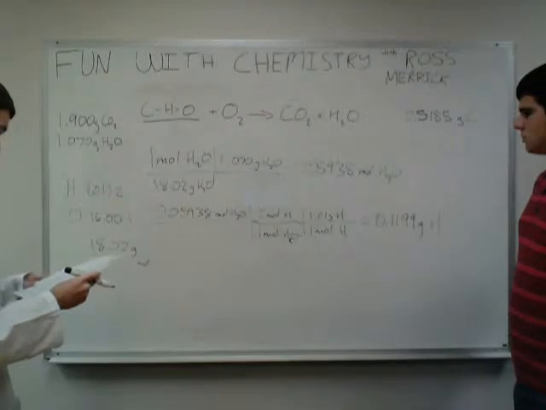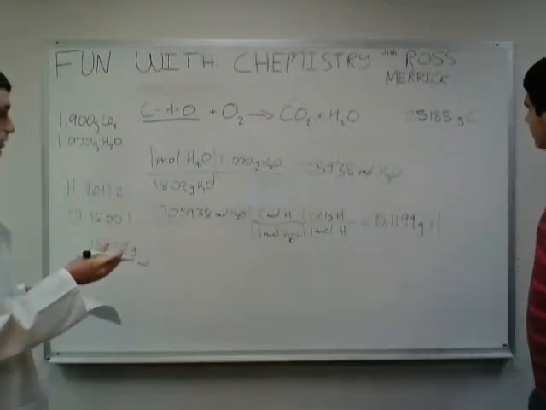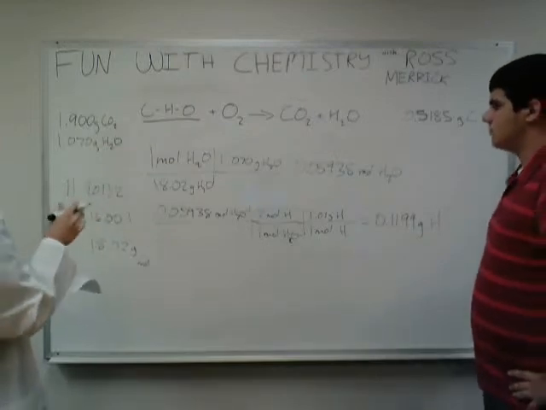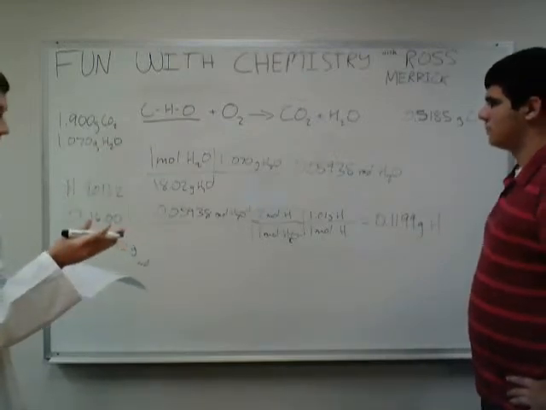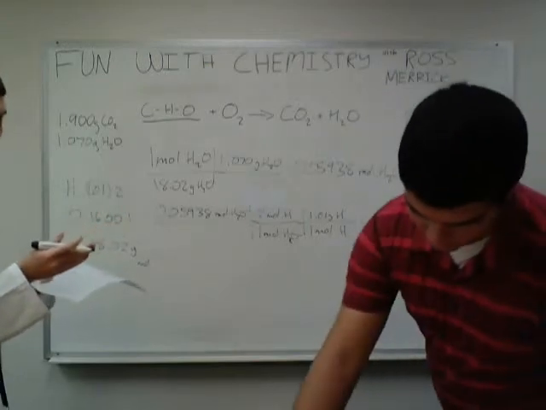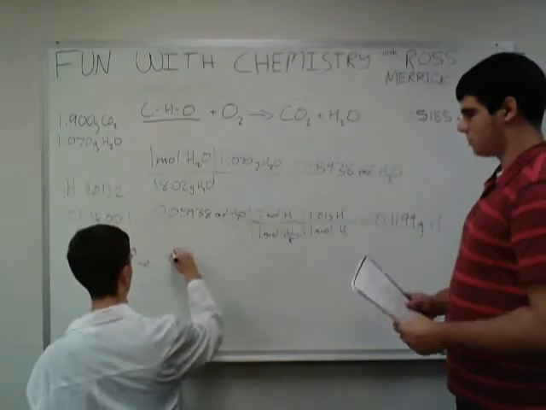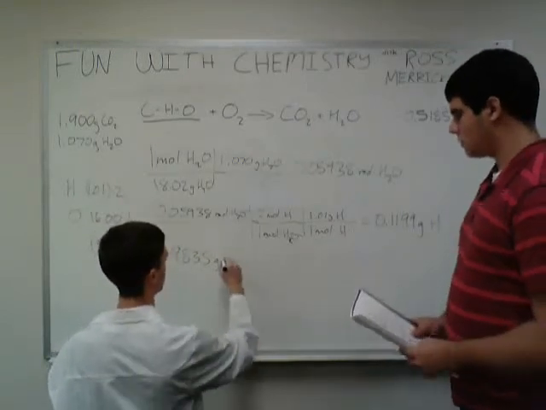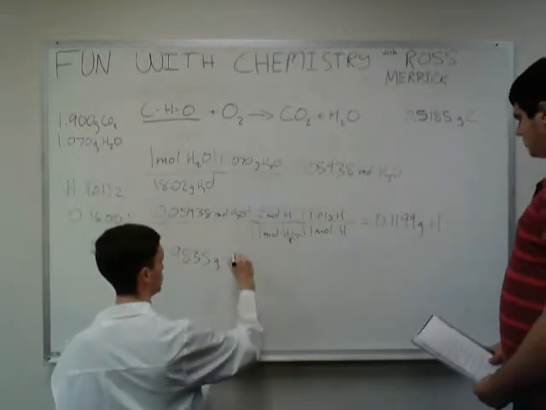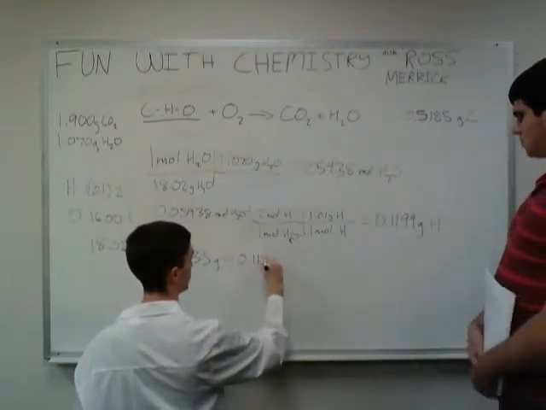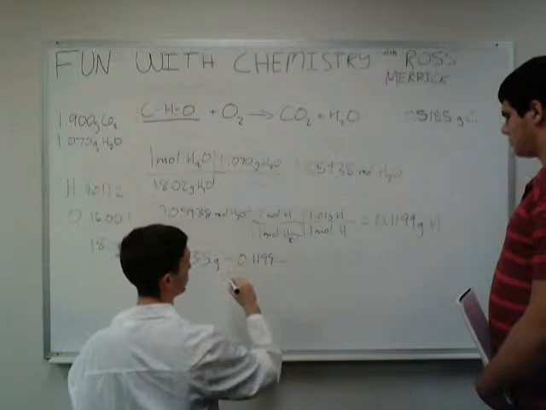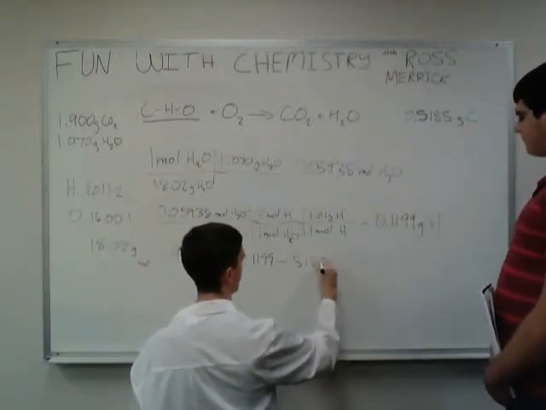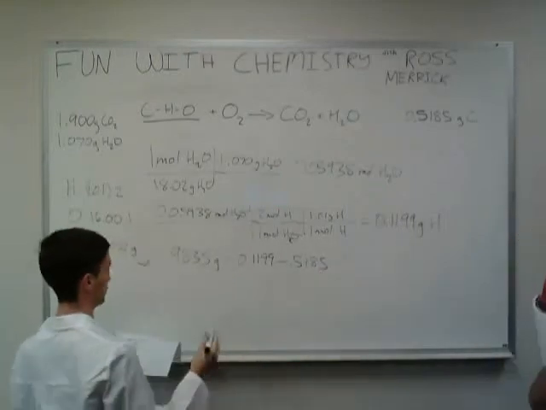All right, what's next? Now that we have our grams of hydrogen and grams of carbon, we can take the total mass of our CHO compound, which was 0.9835 grams, and subtract the mass of the hydrogen, which is 0.1199, and also subtract the mass of the carbon, which was 0.5185, and get the grams of oxygen, since that's the only thing left.